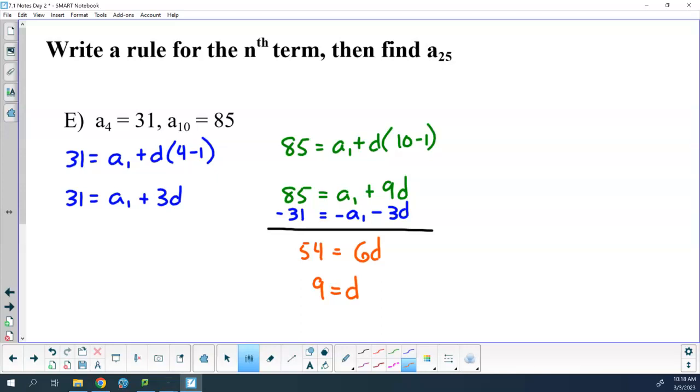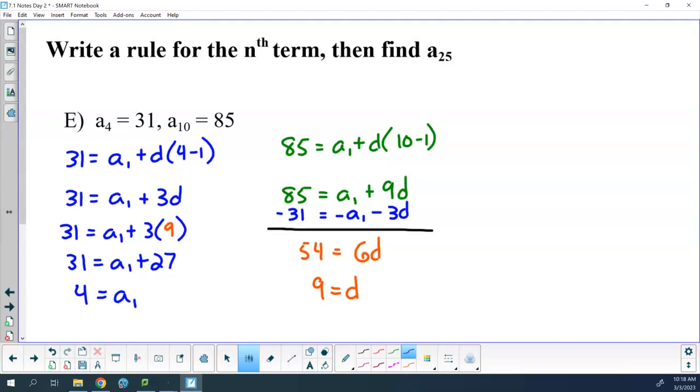Agree with 9 being my common difference. If 9 is my common difference, then 31 is equal to my first term plus 3 times 9. 3 times 9 is 27. This is 31 equals a sub 1 plus 27. 4 is my first term.